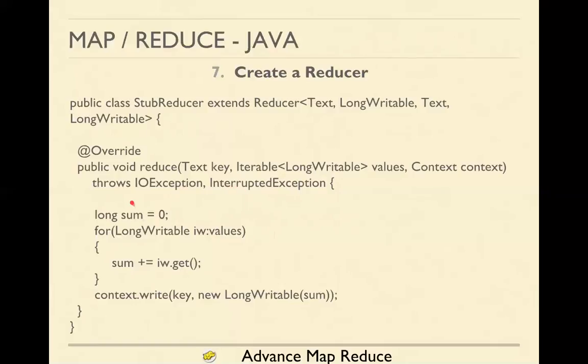If you take a look at it, it's only this piece of code. All we are doing here is iterating over the values, summing them up and putting them in the context.